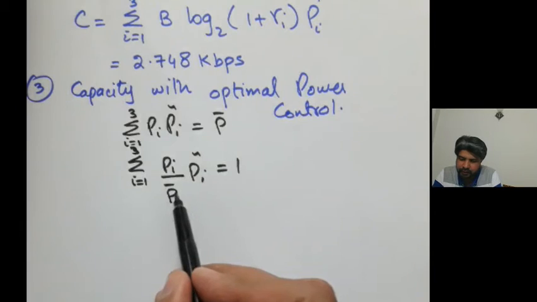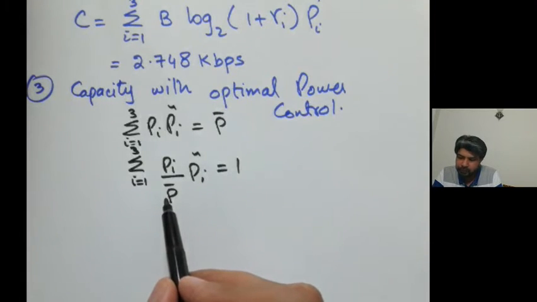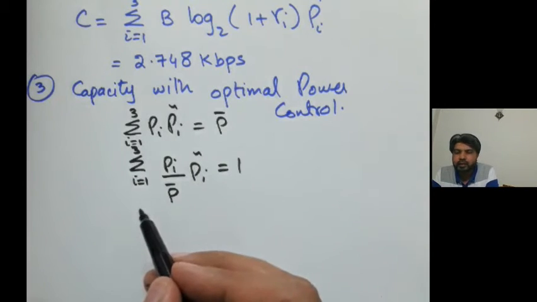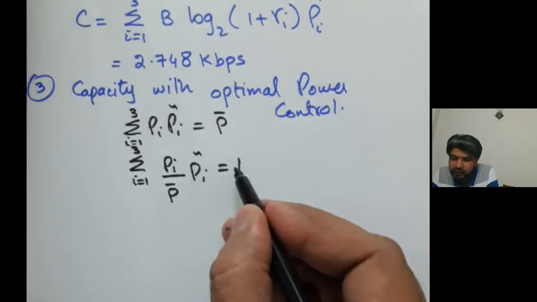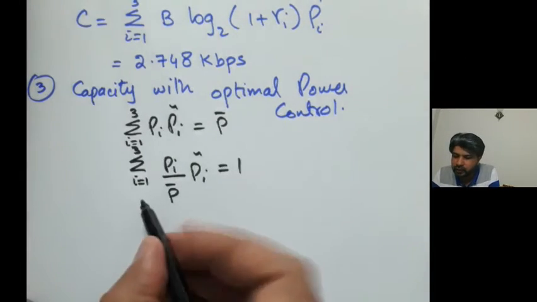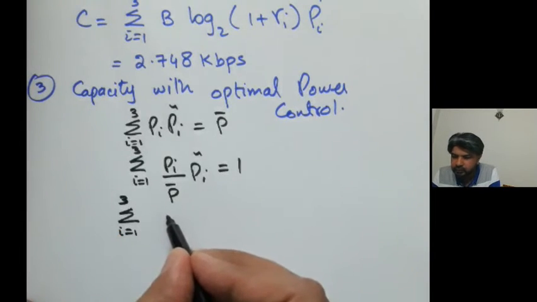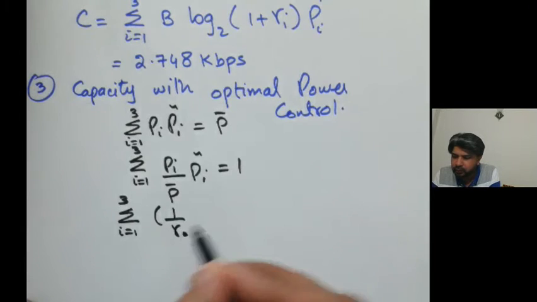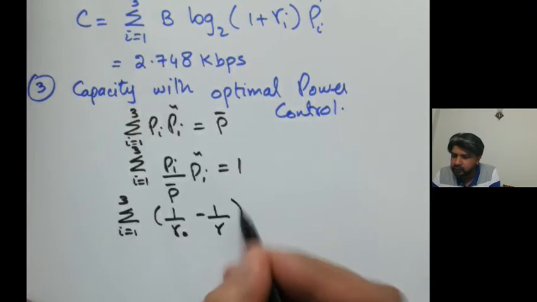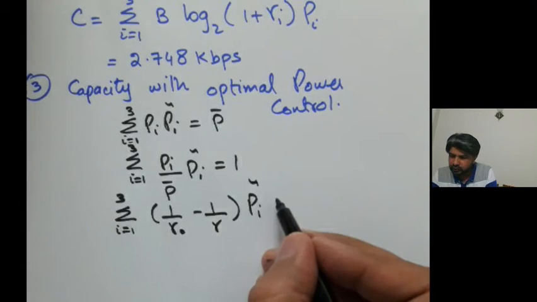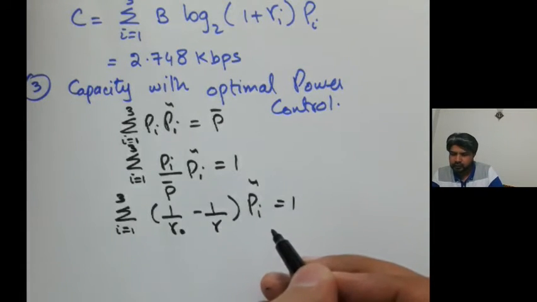Now Pi over P bar, in the optimal power control, is nothing but 1 over gamma naught minus 1 over gamma. So you can rewrite this power constraint as summation i equals 1 to 3 of (1 over gamma naught minus 1 over gamma) times pi tilde, and that is equal to 1.